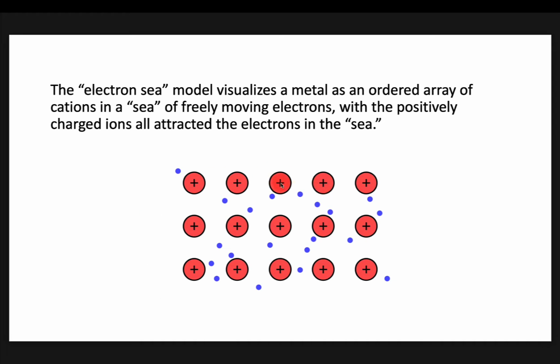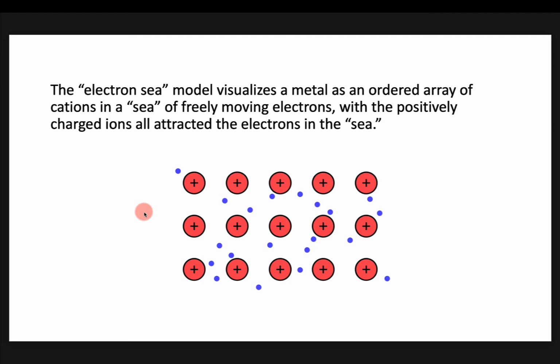We just have positively charged metal ions in a sea of electrons. And this is sometimes called the electron sea model because it kind of visualizes a metal just as an array of positively charged ions with a sea of electrons that move freely amongst those ions.